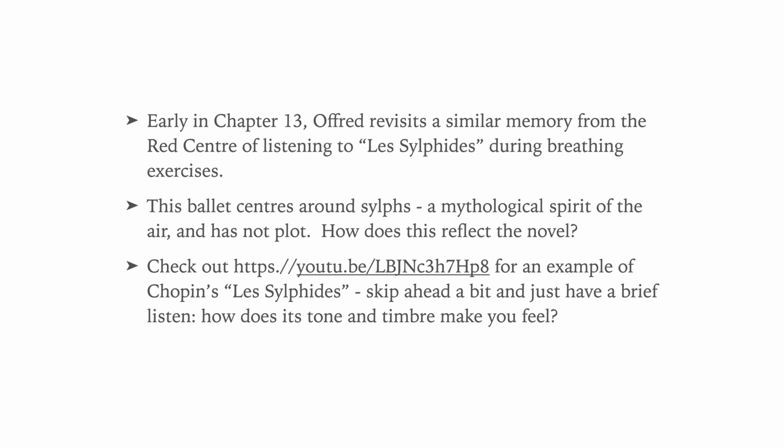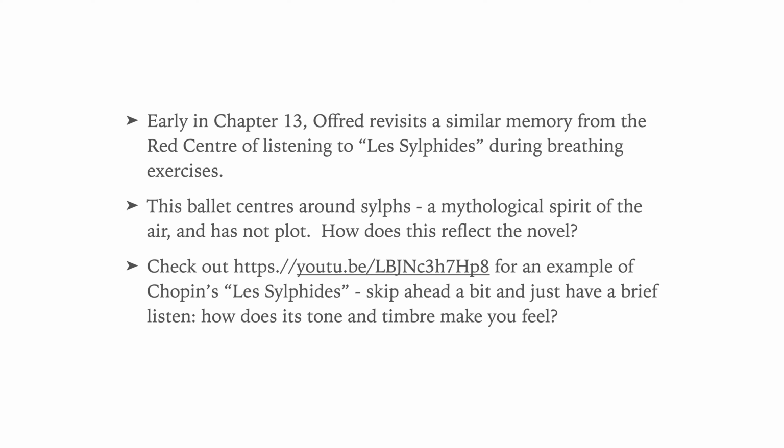How does its tone and timbre make you feel? Is it relaxing? Is it hypnotizing? Does it create this stagnant or sedentary time that she talks of? Is it numbing?